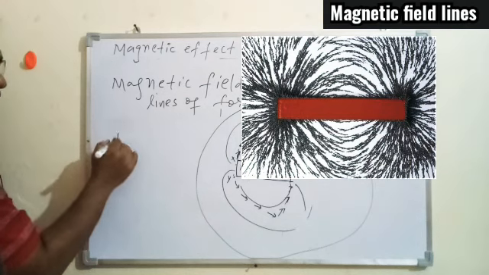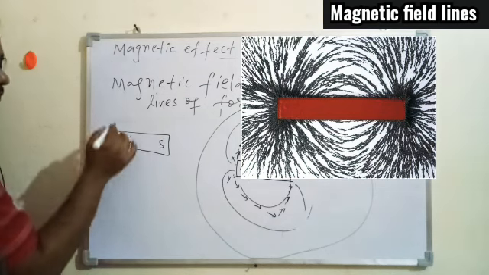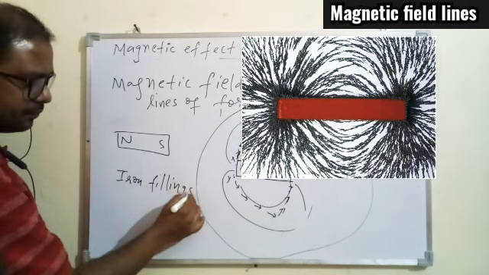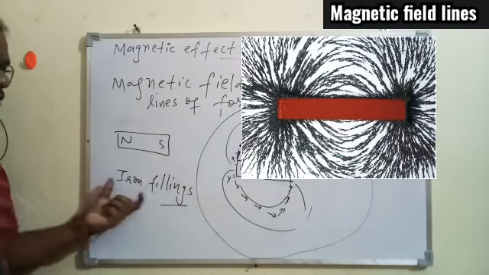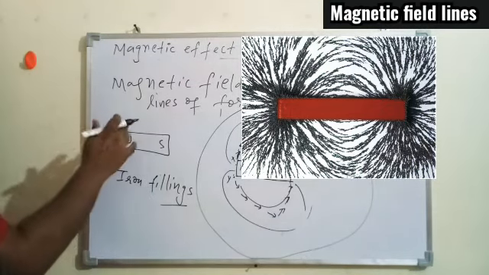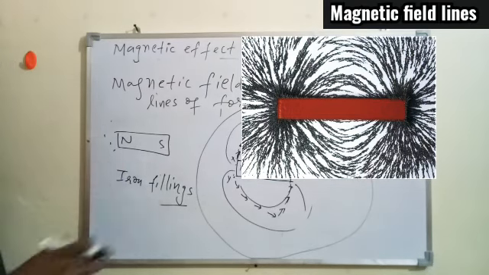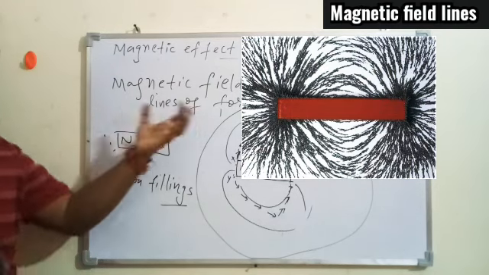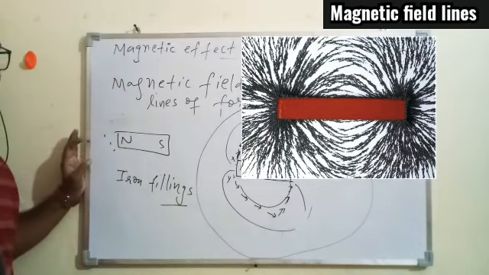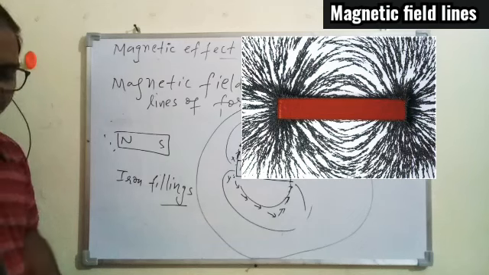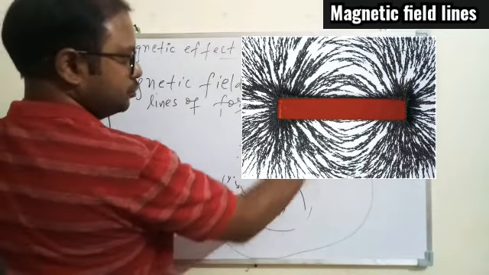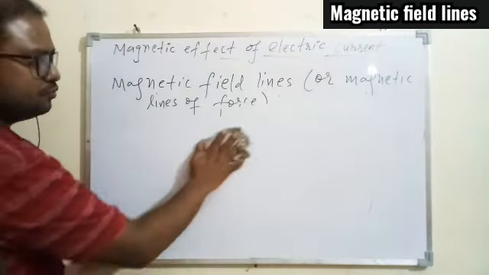So if you place a bar magnet with the north and the south, and if you spread the iron filings, the small pieces of iron, you will see the iron filings arranging themselves in a particular pattern, and that pattern is nothing but showing you the magnetic field lines the way it is looking on the picture. And for every kind of magnet, you will see the pattern will be different. So I hope this is clear. The magnetic field lines basically decide the magnetic force within a magnetic field.